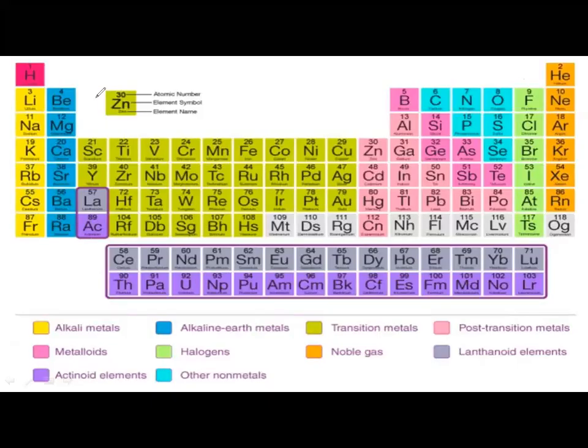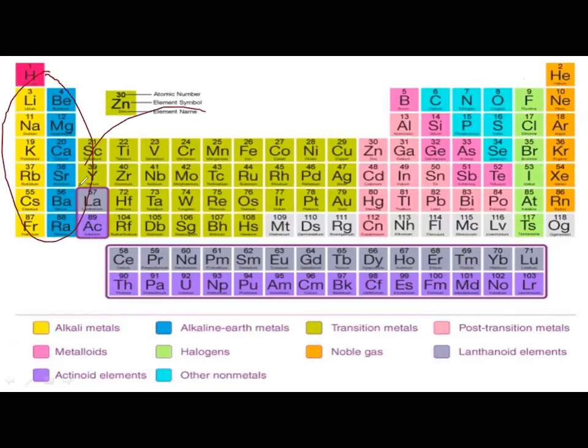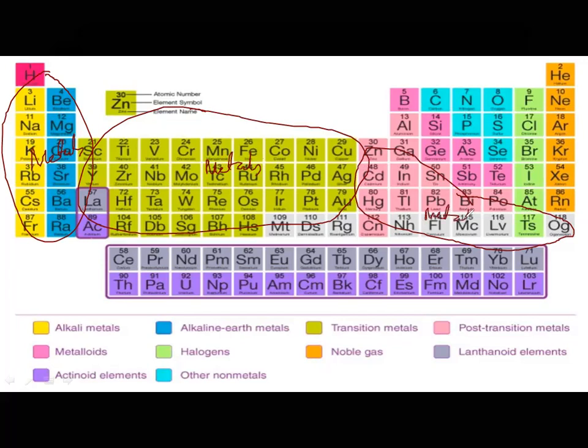you can see here at the left side are metals. In the center of the periodic table are also metals. Then here at the bottom are also metals. So these are metals at the bottom. And here, these are non-metals.